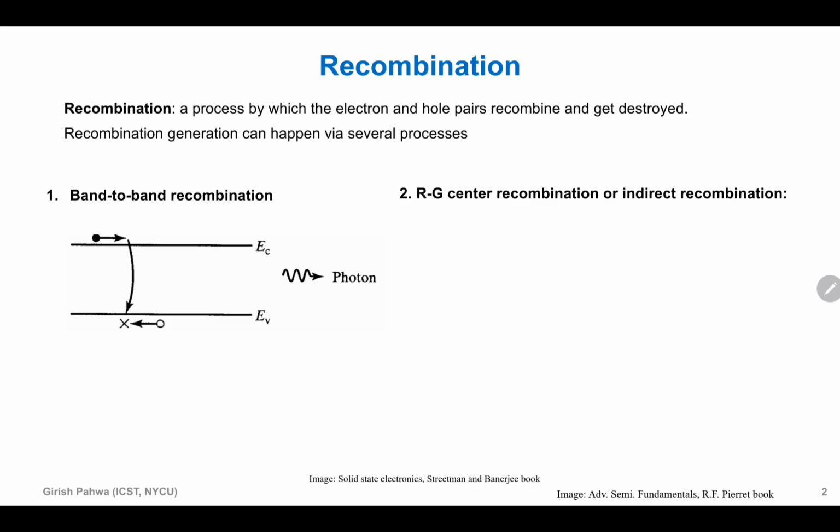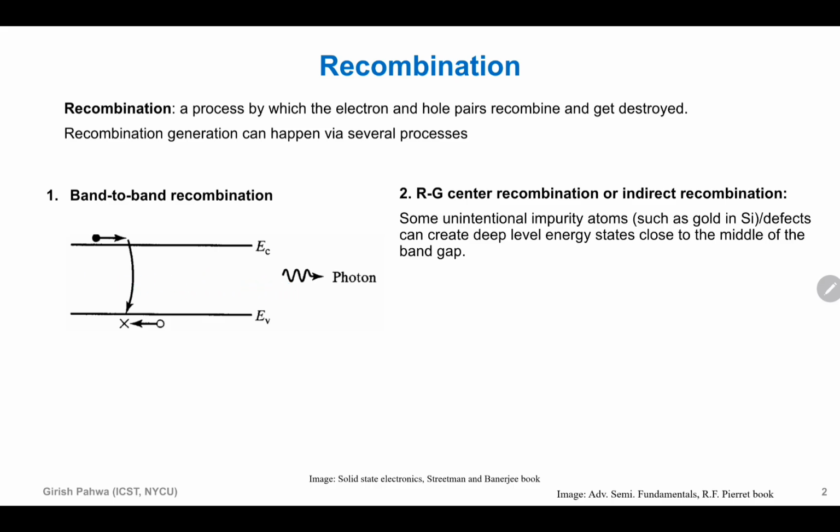So what is that process? There can be some recombination generation centers, or in simple words, there can be some trap states within this band gap. Now, where are those trap states coming from?